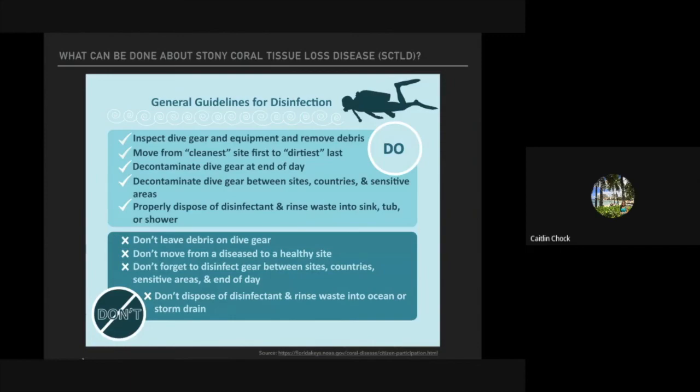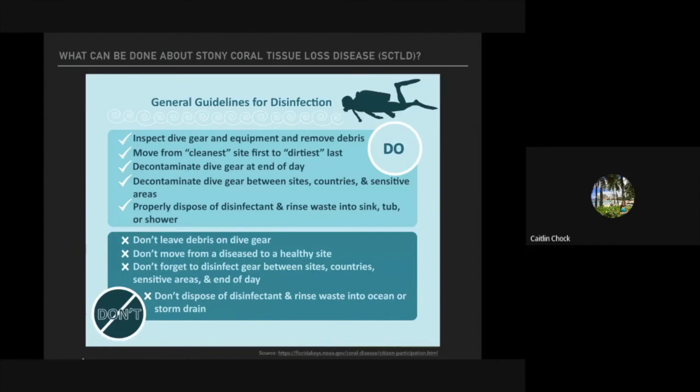Properly dispose of disinfectant and rinse water into sink, tub, or shower. That is thinking that that water will go into some sort of treatment facility. As we know here on the island, that's not always the case. So that's another consideration that we have to make, is how we're going to dispose of our disinfectant and disinfecting water, and which disinfectants we're going to use.